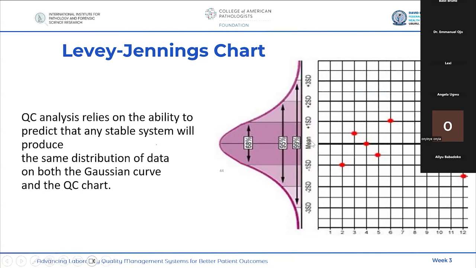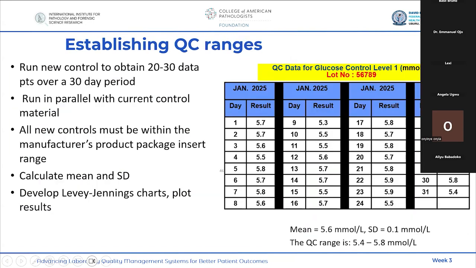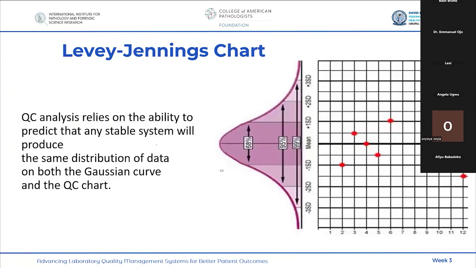So my mean is 5.6 and my SD is 0.1. What we are saying is that 5.6 plus 1 SD will mean plus 0.1. So I will have 5.6 plus 0.1, and here we have 5.7.